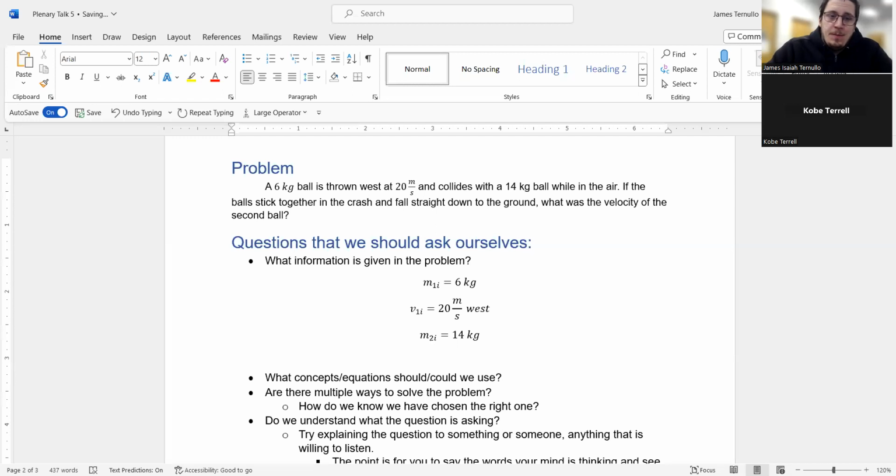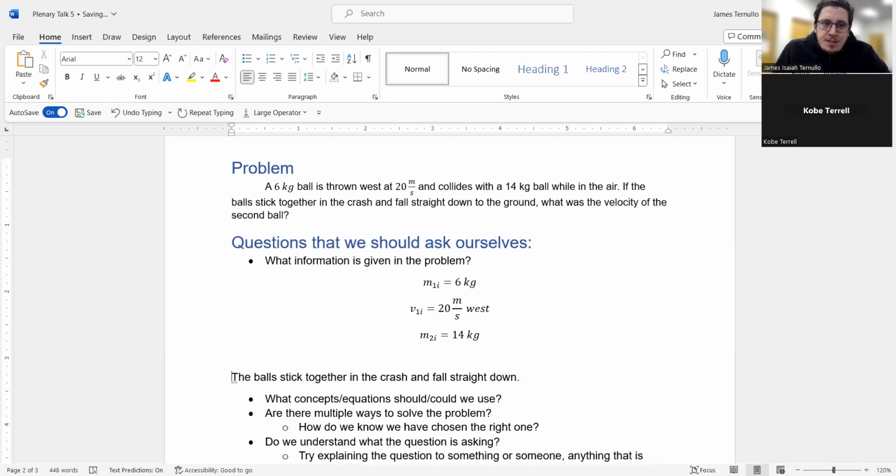Okay. So the information here that is given is that the balls stick together in the crash and fall straight down. This piece of information is important. What does it mean?